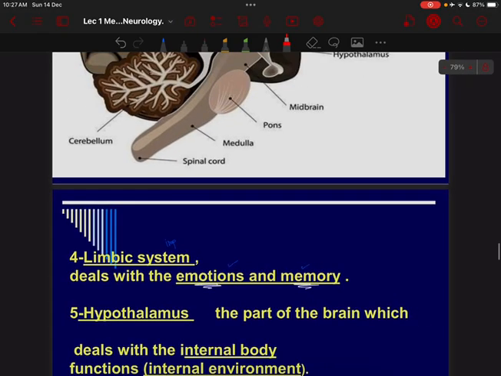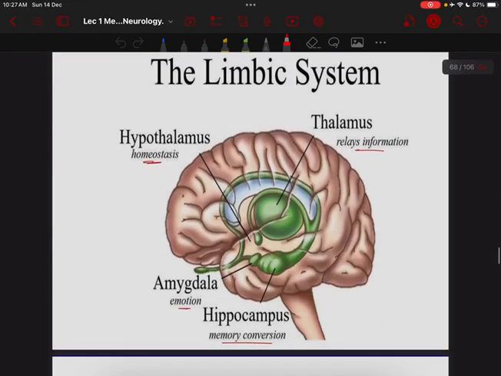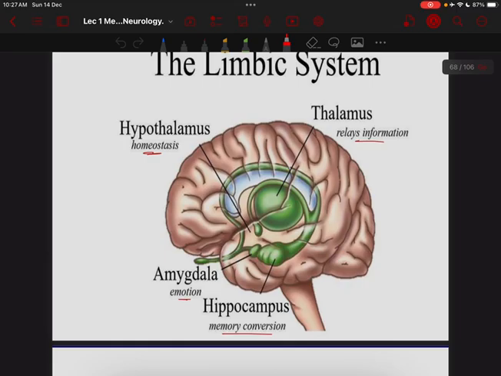وعندنا أيضا الهايبوثالاموس. طبعا الهايبوثالاموس deals with the internal body environment. So this is the limbic system. And this is, for example, the hippocampus, the amygdala for emotion, and the hippocampus for memory.